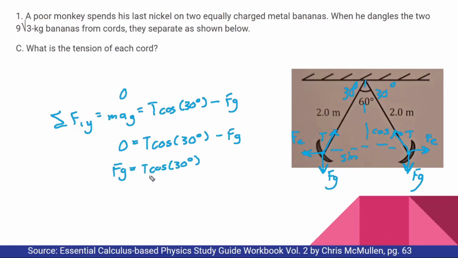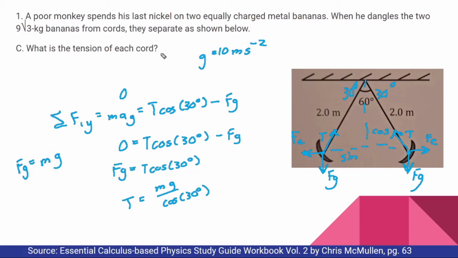Now, in order to find tension, we're going to have to turn the force of gravity into its factors, which is mass and the acceleration of gravity. And we're also going to have to divide both sides by cosine of 30 degrees. So that results in tension equaling mg divided by cosine of 30 degrees. Now, our gravity in this case will be 10 meters per second squared.